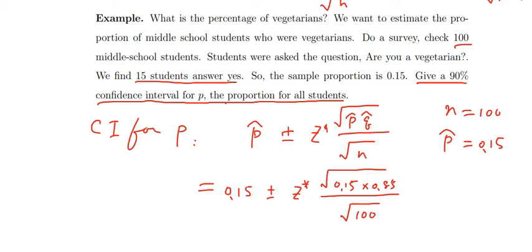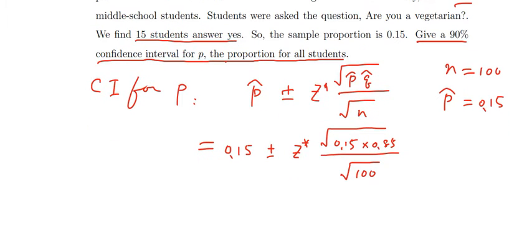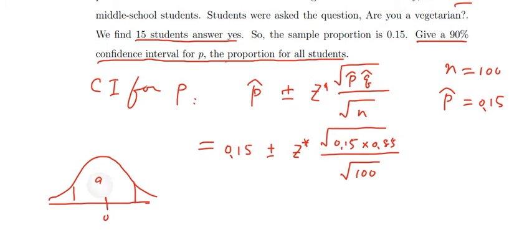Okay, so here we only need to find z star. So let's check this z star. So this is from here to here, 90%. This is z star. So if this is 90, then outside is 10, so here's 5%. So we need to check all the way down, so it's 95%.